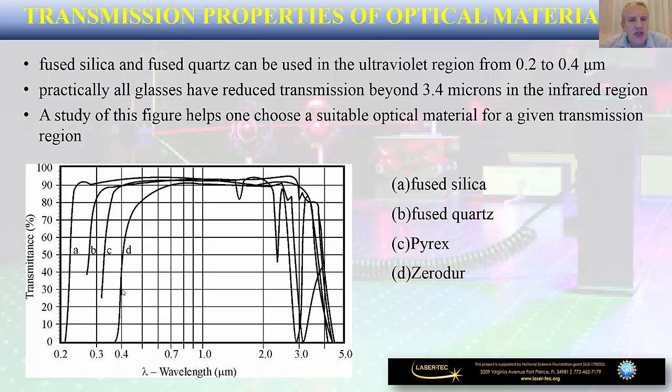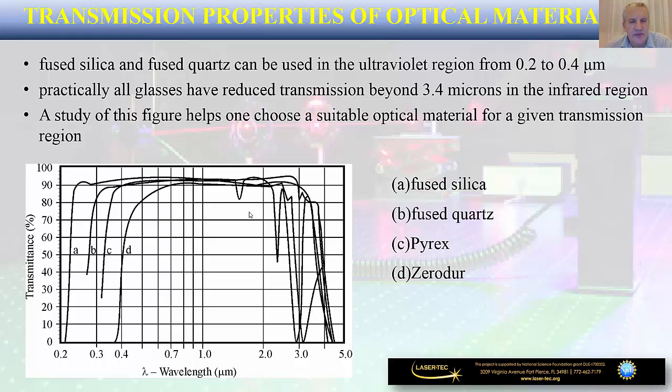If our goal is to create an optical component that passes most of the light in the infrared region while blocking a significant amount of light in the visible and ultraviolet region, then this material may be a good candidate, because, as I said, in the infrared region the transmittance of this material is around 90%. In other words, 90% of the light in the infrared region will be passing through Zerodur.